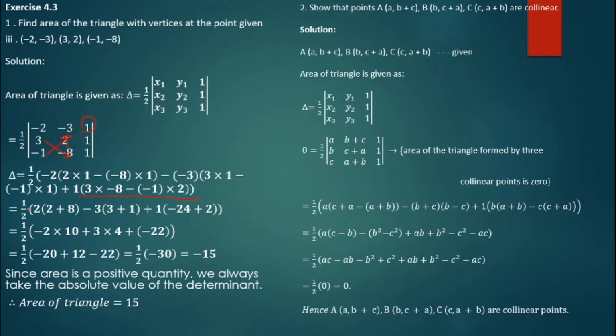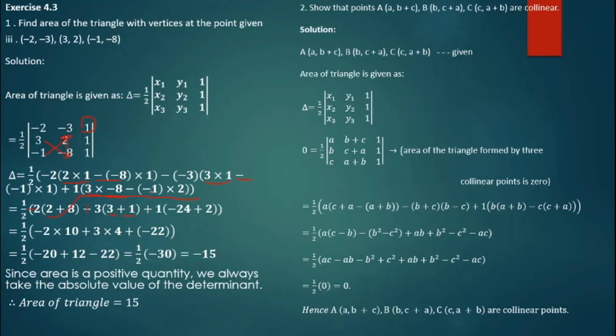Okay, next step. So we have half, negative 2 into (2 plus 8). Here minus becomes plus. Then 3 into (1 minus 1 into 1), which is 3 into 1 plus 1. 3 into minus 8 is minus 24.